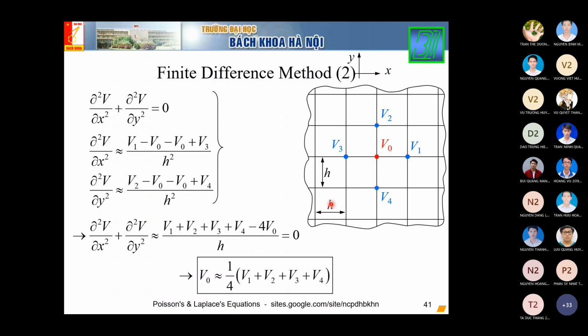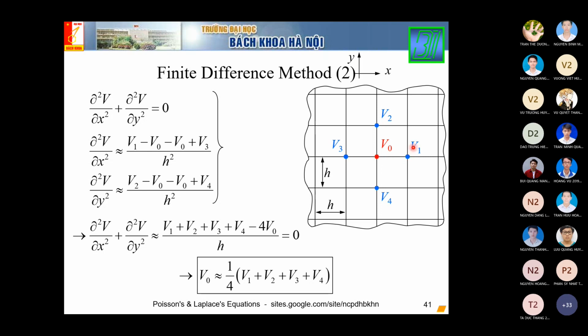The second comment here is that this approximation holds if and only if the four surrounding points here are equally separated, equally distant from the center point.